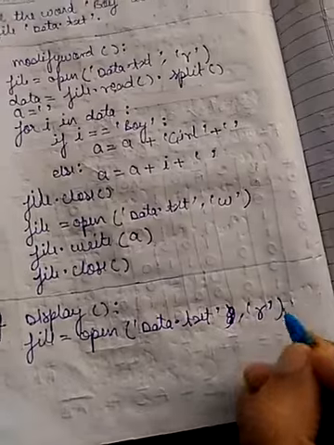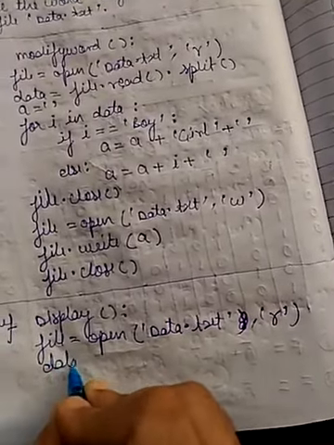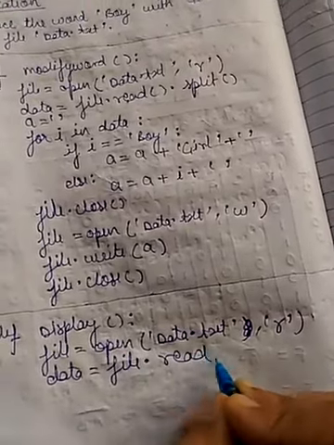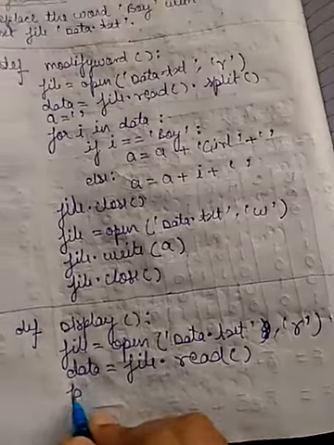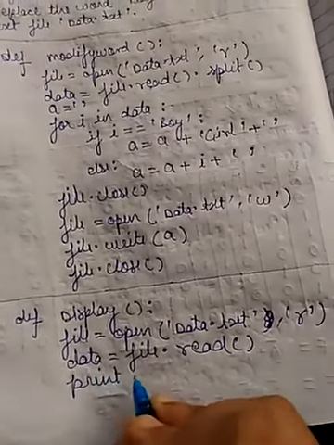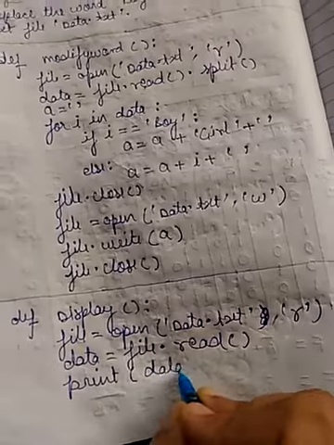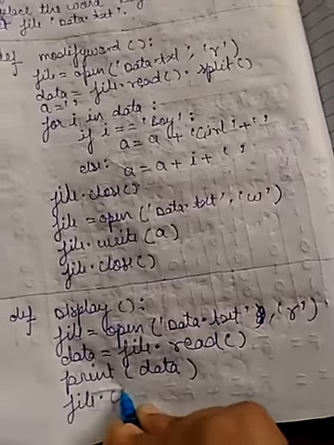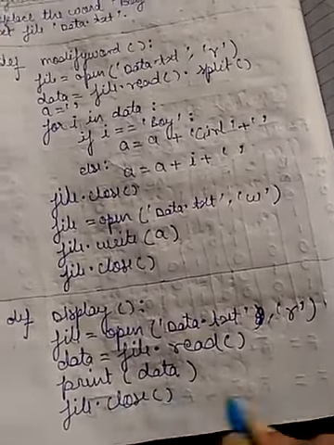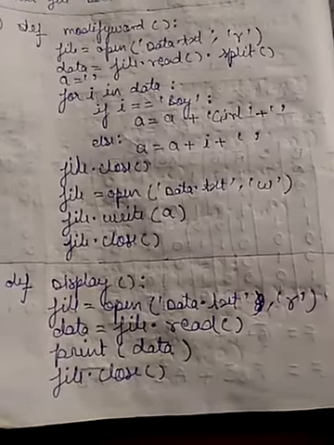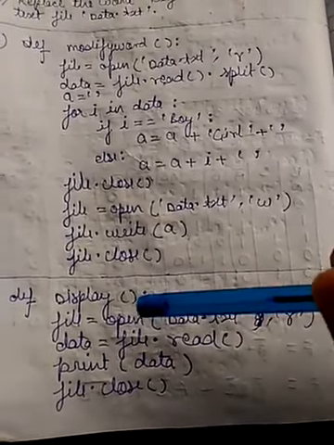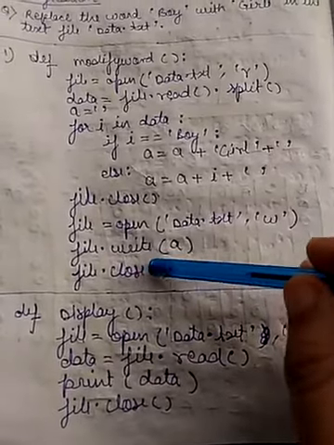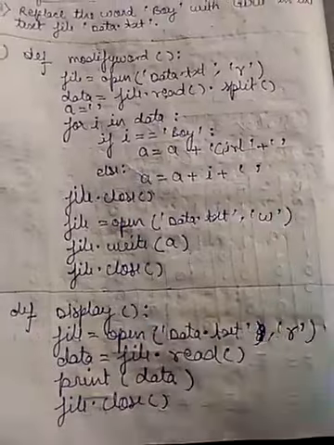Now data equal to file.read(), print data, file.close(). In this way you can display the data by calling this function display. You can write this code in the same function also if you want to display the data in the same function.